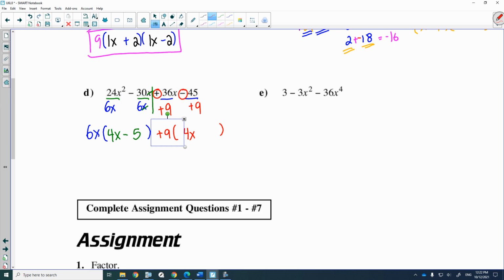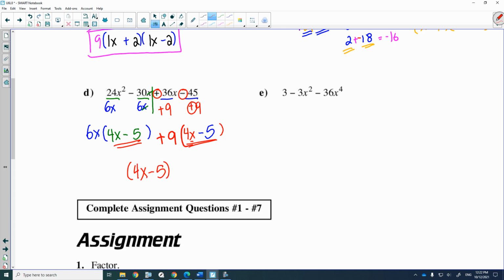Here you have a negative divided by a positive, which would give you a negative. And 45 divided by 9 is 6. Oh, no. What's 45 divided by 9? Yeah, 5. You would check that your two brackets are the same, and then you've done the factoring by decomposition correctly.